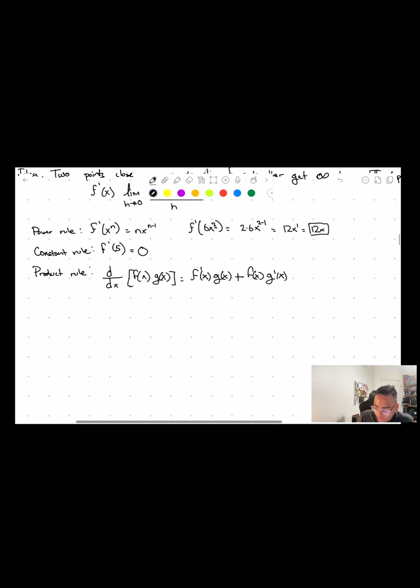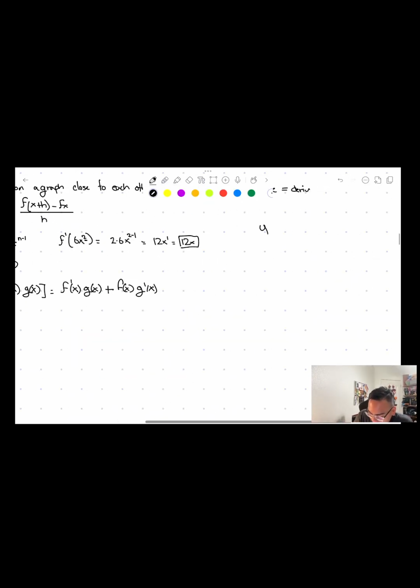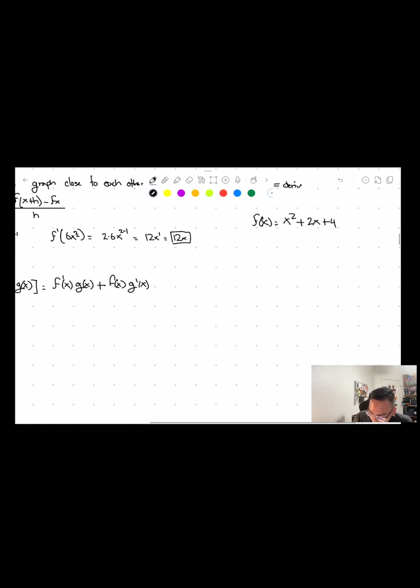And if you ask what is a function, well, functions look like y is equal to, or sometimes even f of x is equal to x squared plus 2x plus 4. So the way you differentiate this is you take every single term.